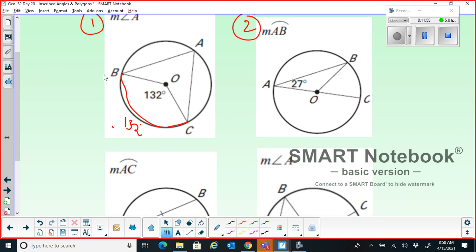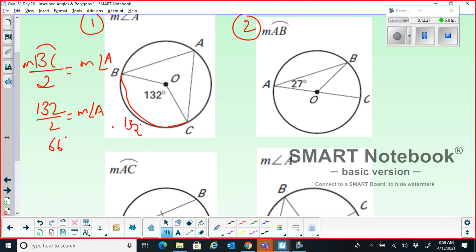The measure of arc BC divided by 2 should be equal to the measure of angle A. So 132 divided by 2 will give us the measure of angle A. 132 divided by 2 gives us 66. So 66 degrees equals the measure of angle A.